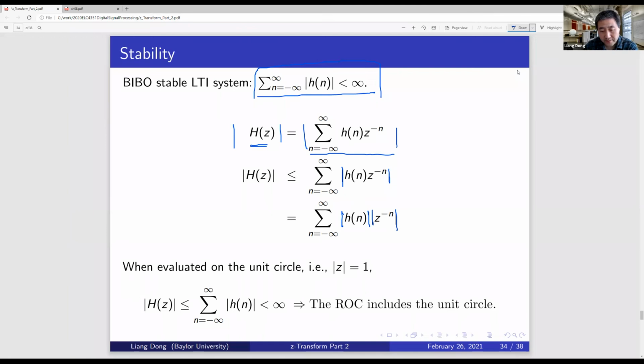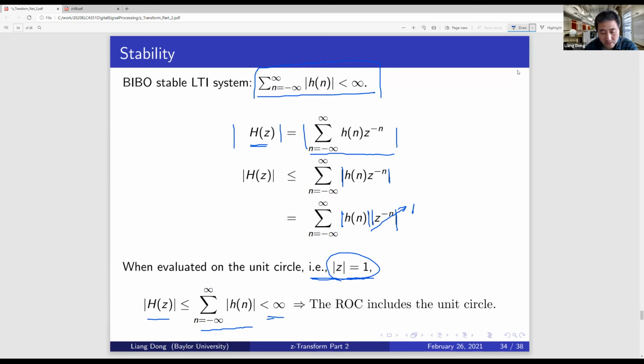Then we evaluate H(z) on the unit circle. That is, we are taking the absolute value of z equal to 1. When we do that, the second term becomes 1, so you can simply remove that in your equation. Then we have the absolute value of H(z) less than or equal to this. Because it's BIBO stable, it's absolutely summable.